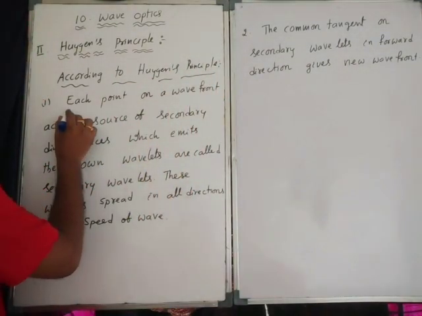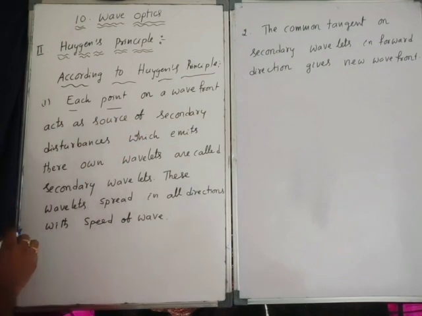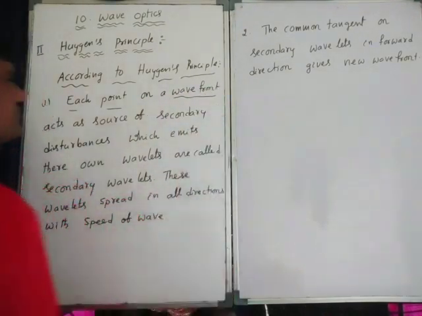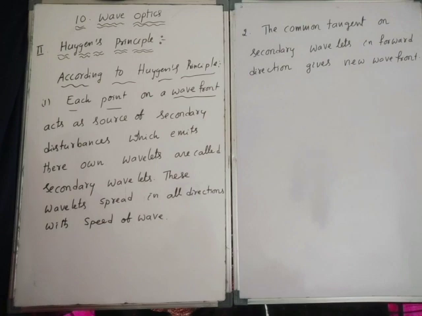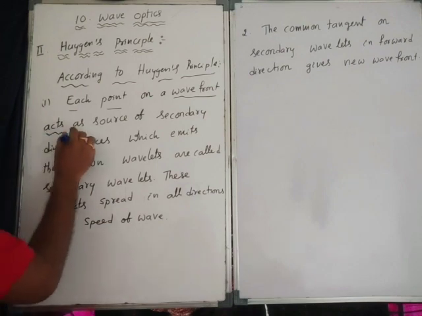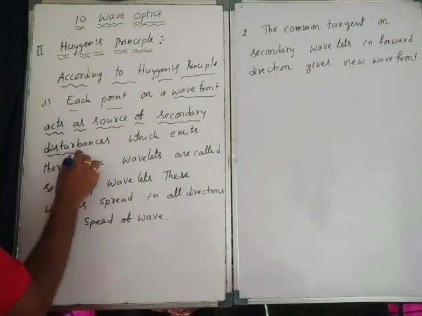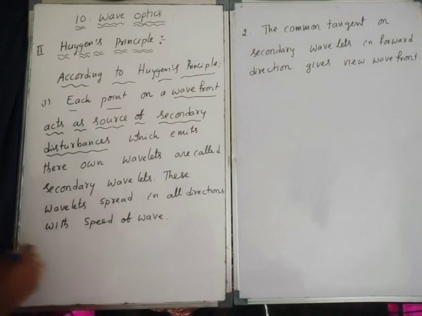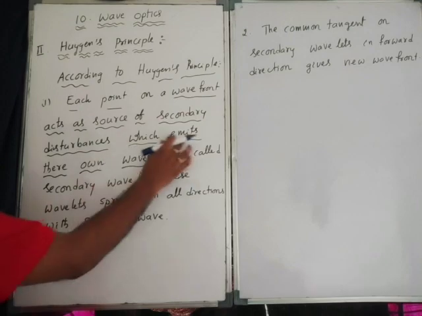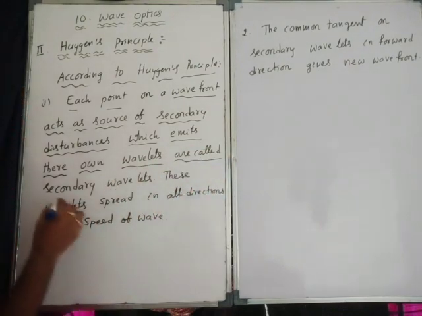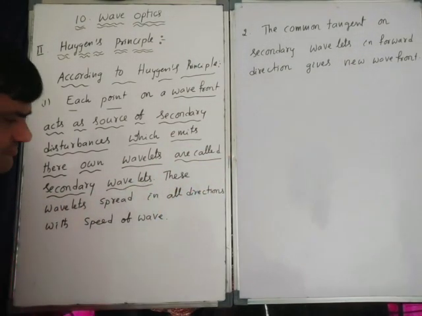principle, each point on a wavefront acts as source of secondary disturbance, which emits their own wavelets, are called secondary wavelets.